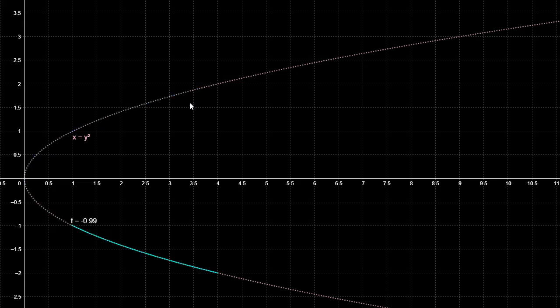It starts up kind of fast, then it starts to slow down a bit, and then it starts to pick up again. Let me bring the vector back, and the vector the whole time is pointing at where the object is in space at that moment. And I'll just let it go through one more time here.